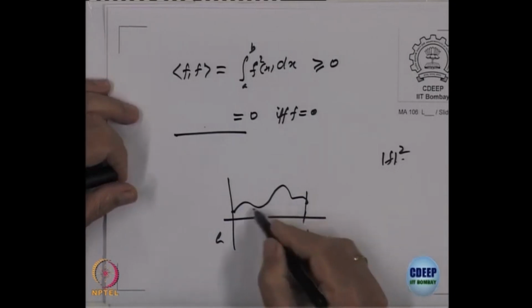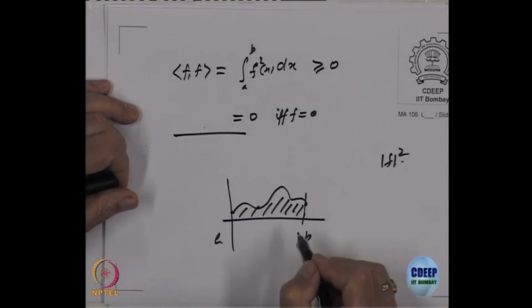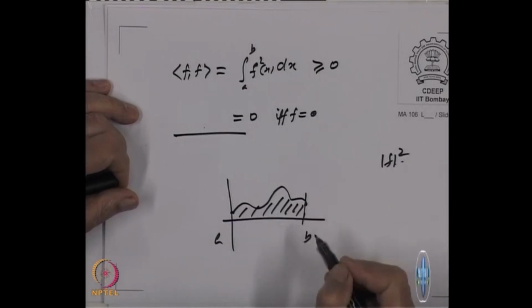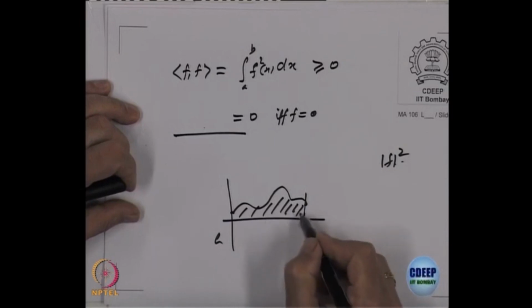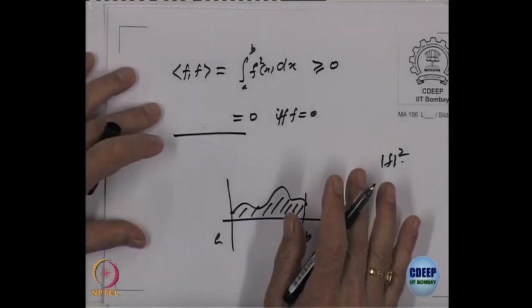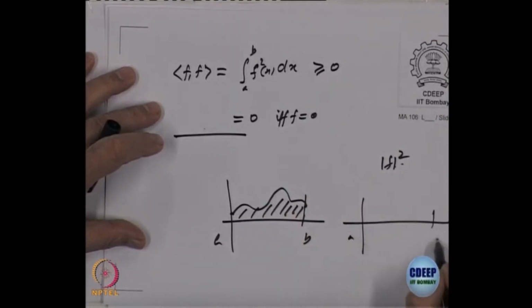And if this area is 0, that means what? Our claim is, if this area is 0 and the function is non negative, then the function has to be 0 everywhere. So let us see in the picture why that happens. This is a to b.